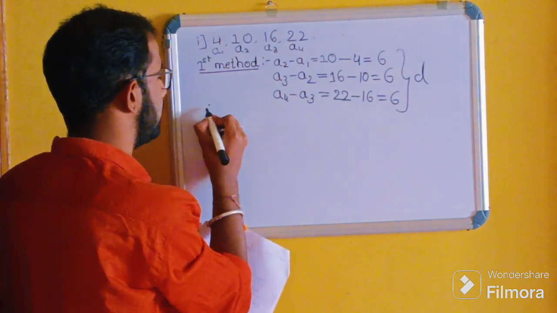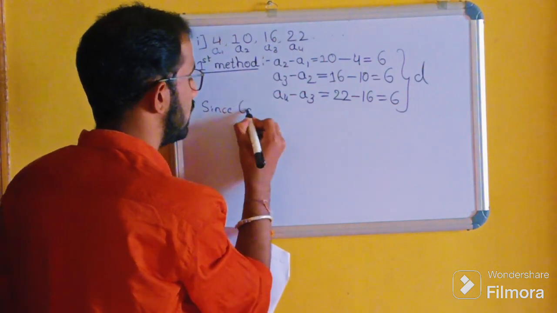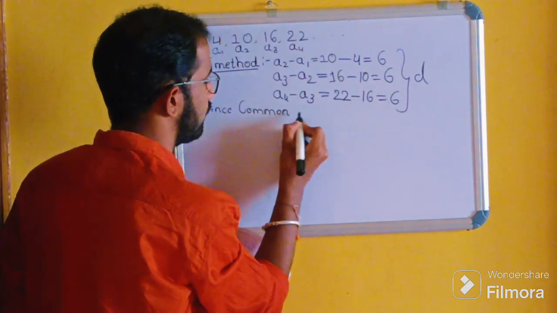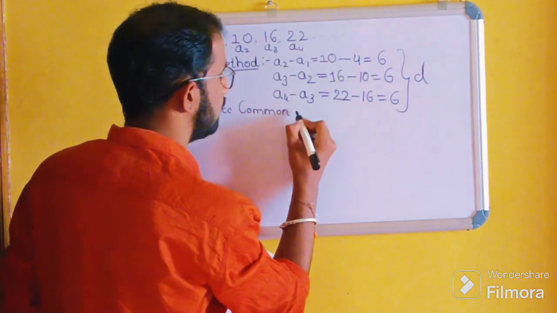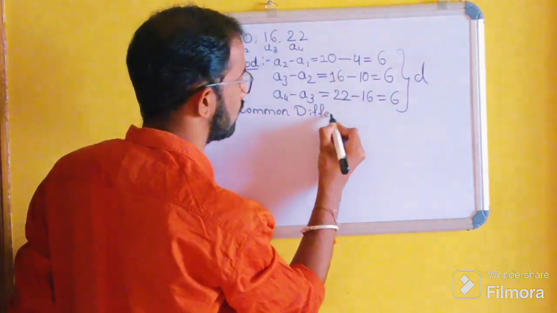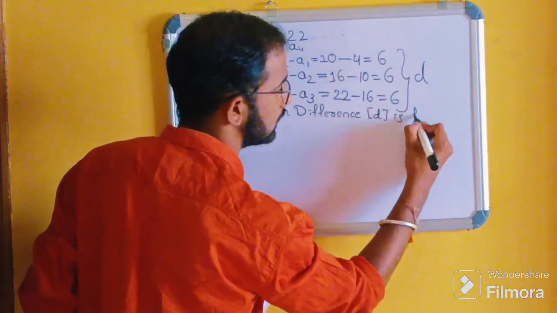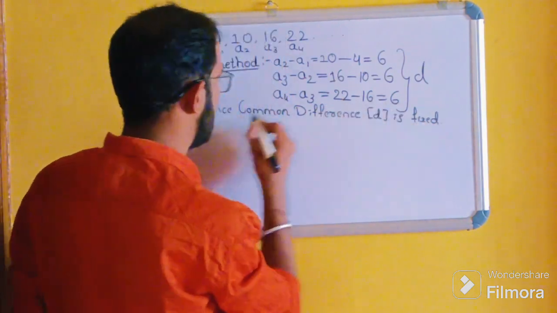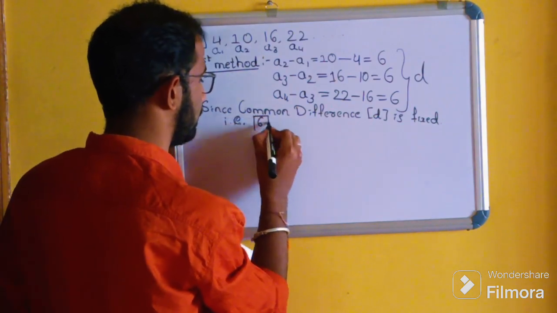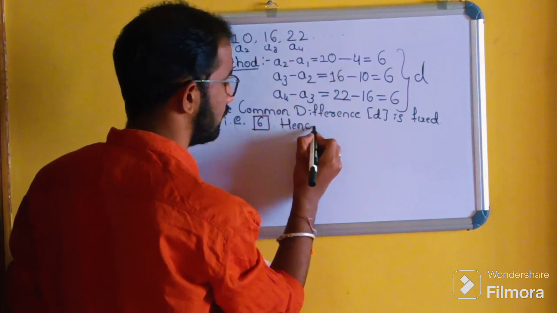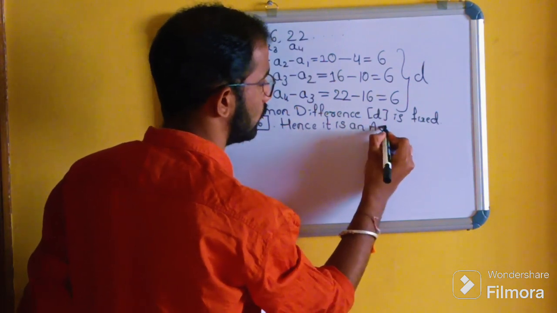Therefore, since the common difference D is the same or fixed, that is 6, hence it is an arithmetic progression.